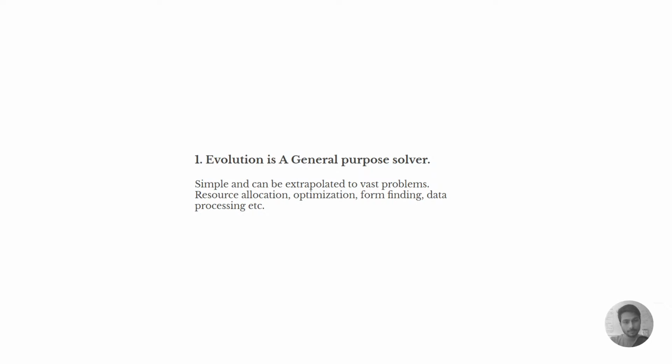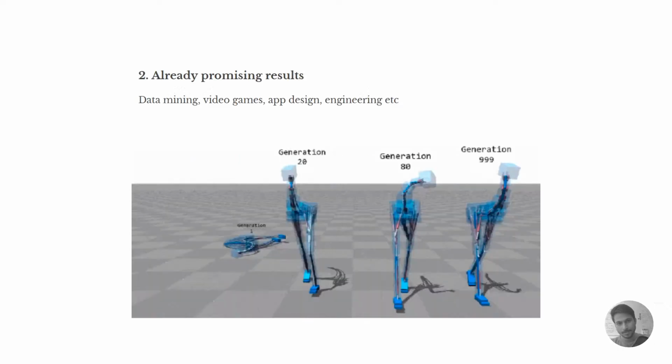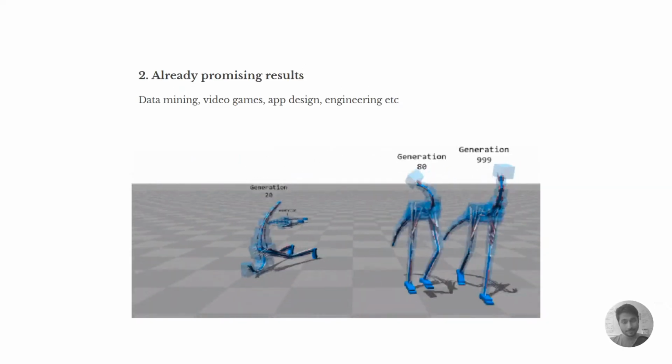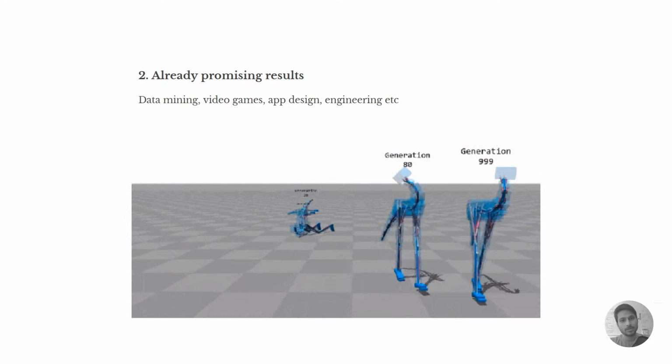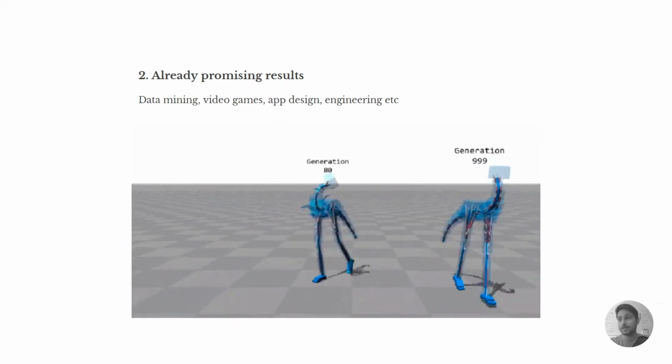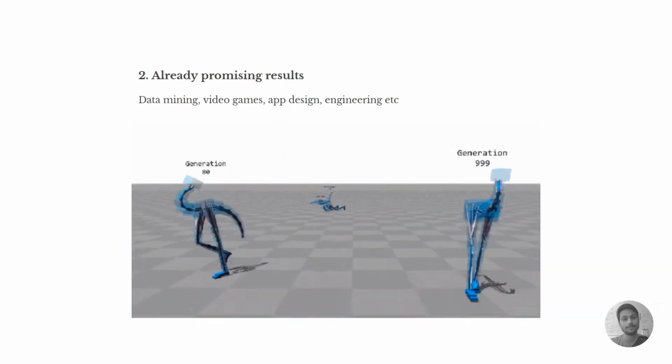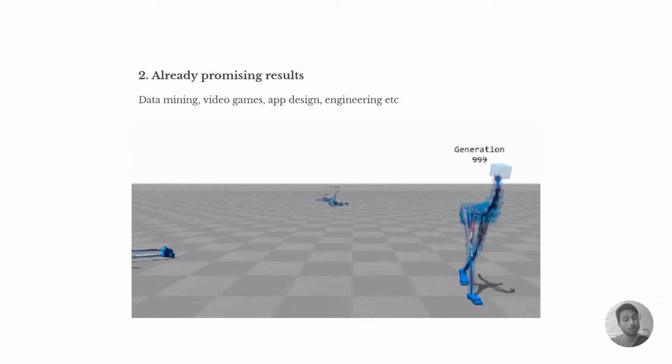So for example, the first one is that evolution is a general purpose solver. It's really simple, like the instructions are really simple and can be extrapolated to a vast variety of problems. For example, resource allocation, optimization, form finding, data processing, etc. We have already seen a lot of examples where this strategy has been used, and it does work.